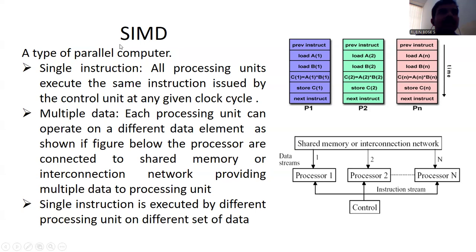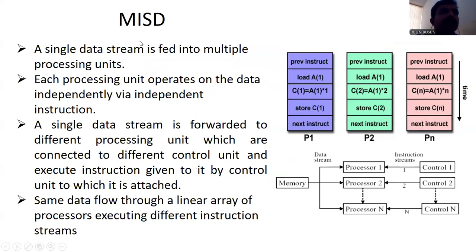That's why we call it the SIMD model. In this example with P1, P2, and Pn, the instruction given is the same, so all three processing units perform a multiplication operation on two different values. But the data that is shared is different, and that's why we call it a SIMD process.